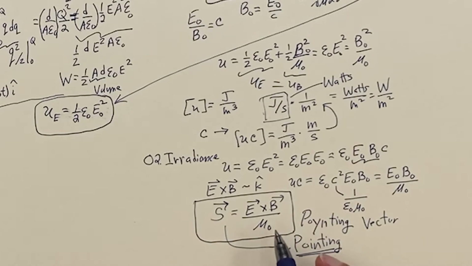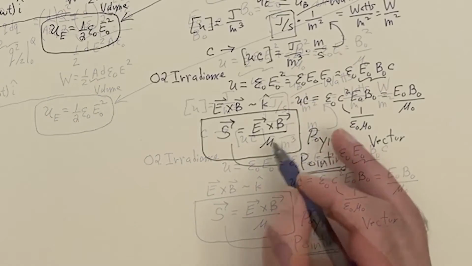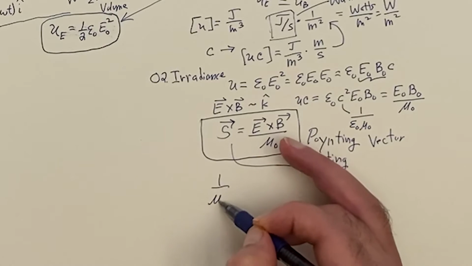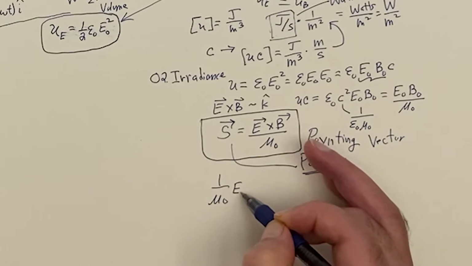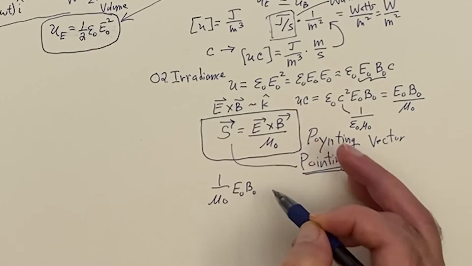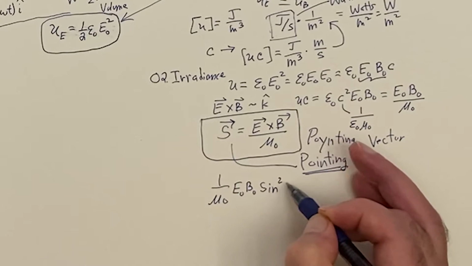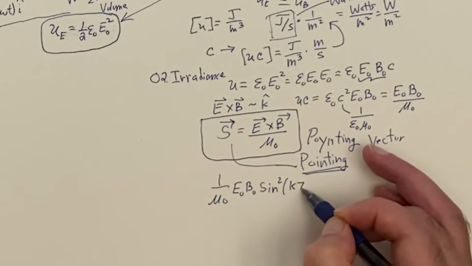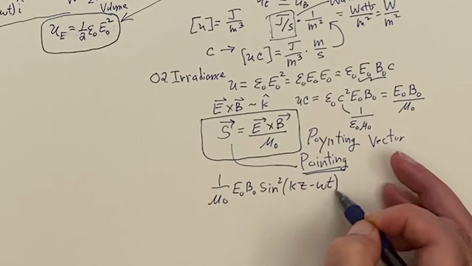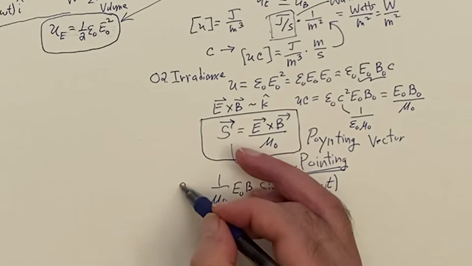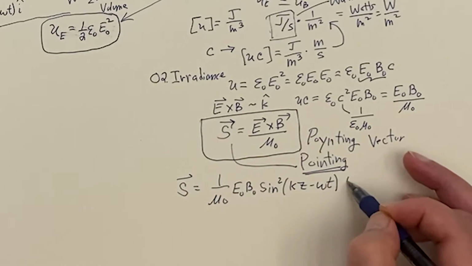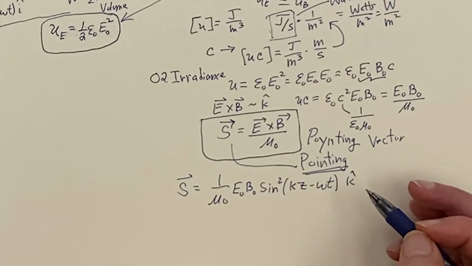So when you do this cross product here, you're going to get the 1 over mu naught. You're going to get the magnetic and electric fields product, but you're going to get sine squared because each one had the sine. So you're going to have this. And if you want to put the vector on there, you can. That would be then the k hat vector.